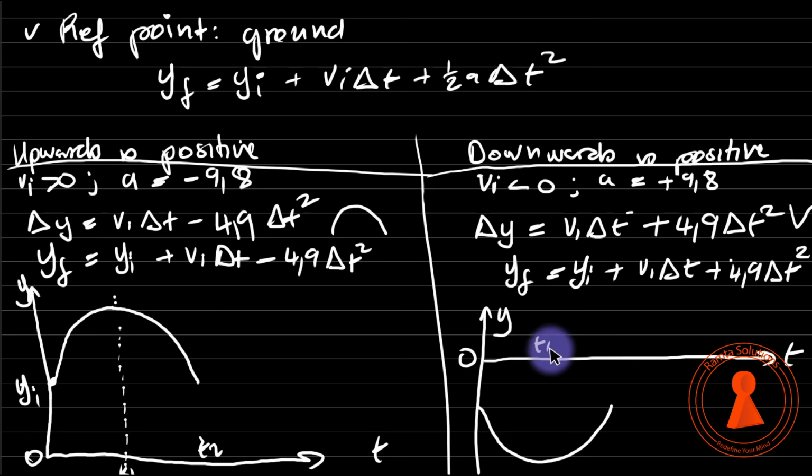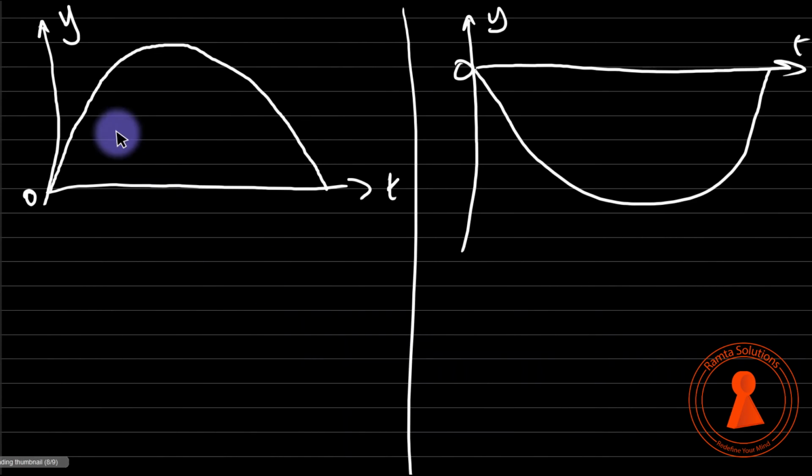So the time taken to reach maximum height, which is t1, is equal to the time taken to return from maximum height to initial position. This is the time symmetry.